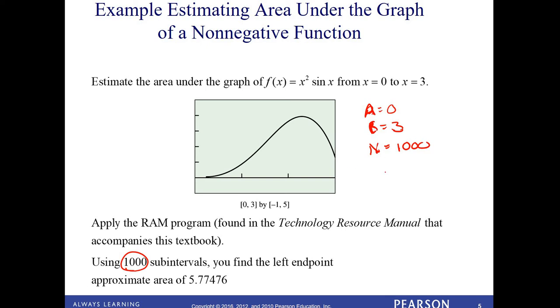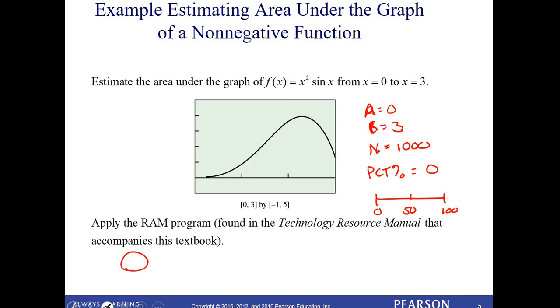We're going to use the left endpoint approximation. When it asks you for percent, you're going to put in 0. With this particular program, the left endpoint of your interval is 0, the midpoint would be 50%, and the right side would be 100%. So you have 2 tasks to do.